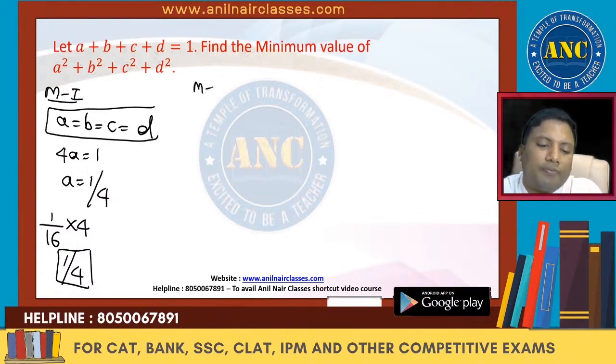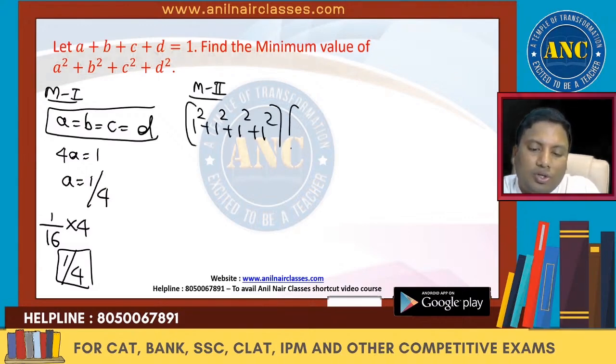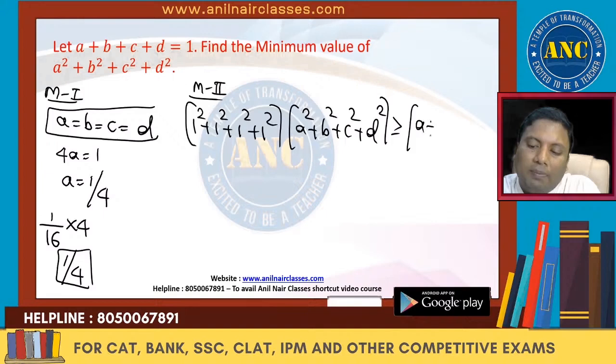Method number 2. 1 square plus 1 square plus 1 square plus 1 square into a square plus b square plus c square plus d square is greater than or equal to a plus b plus c plus d whole square.